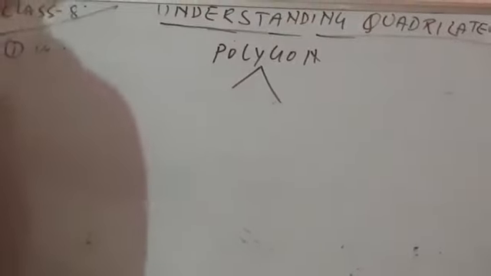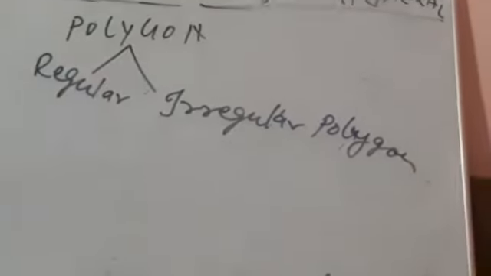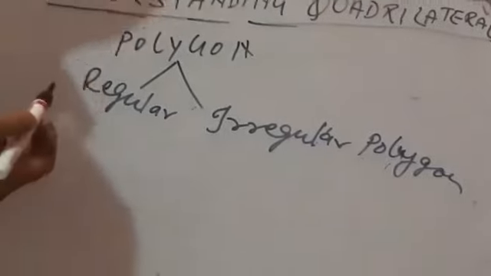It was a bit of information that you all are required to understand, and for this one more category is given, which is regular polygon and irregular polygon. In the regular polygon, it's not very hard to understand.